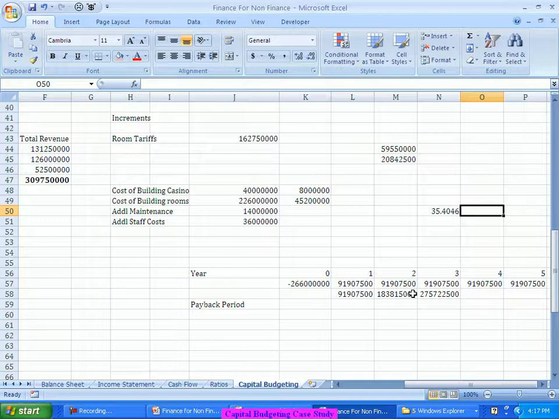Whereas in this case, you are talking about breaking even within 3 years. Don't assume there is an increase here. If you assume an increase in the revenues, you have to assume an increase in expenses also.